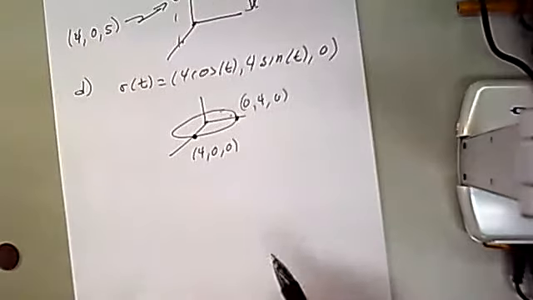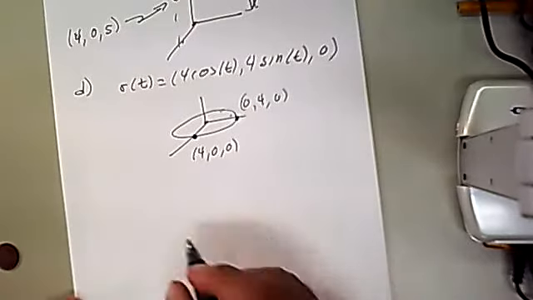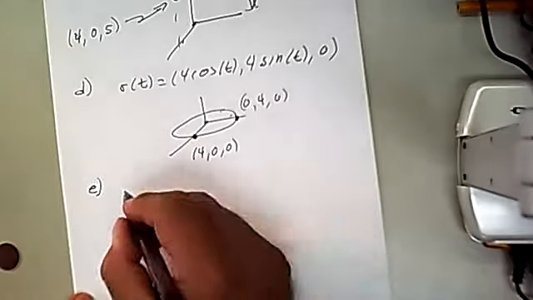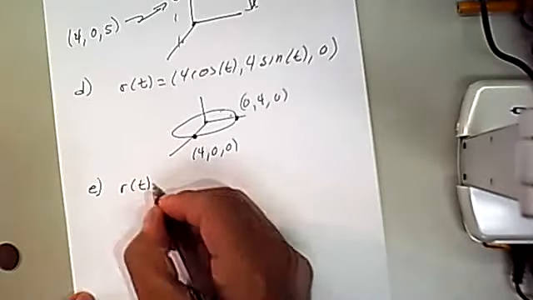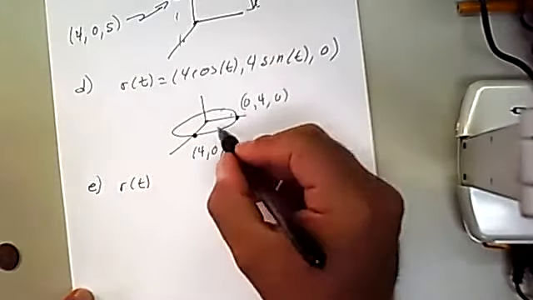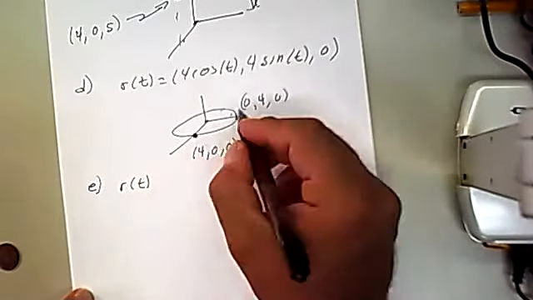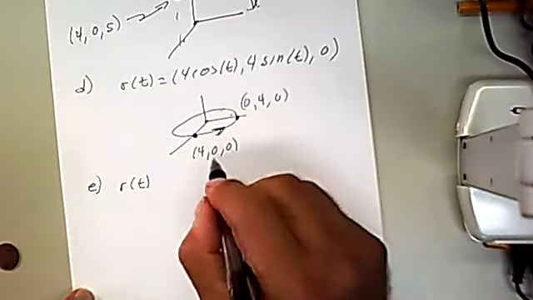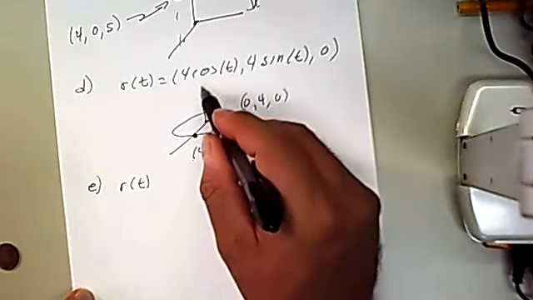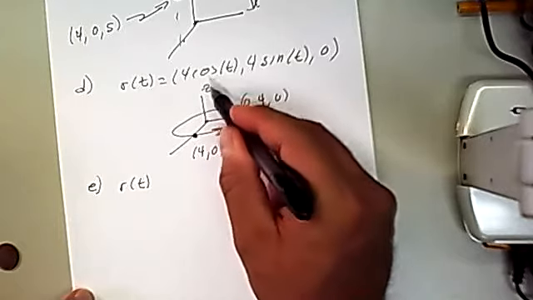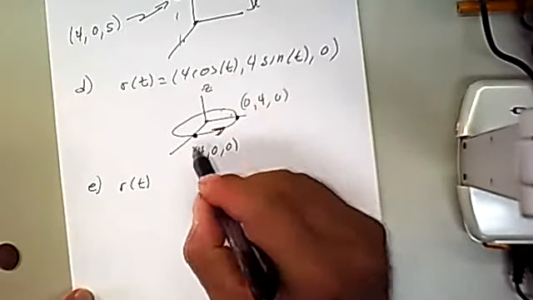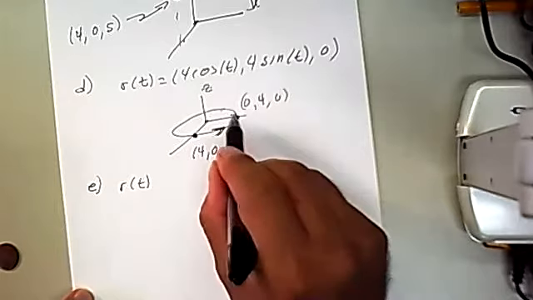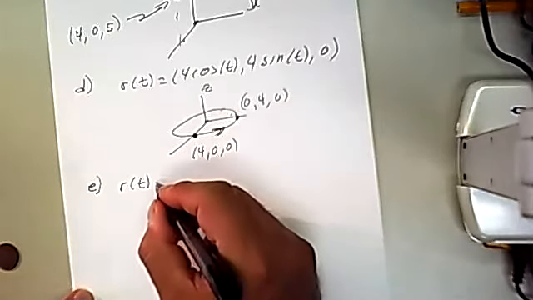Now, the next one is exciting. It is going to be a helix. Let's say you have r of t. Oh, one thing I forgot to mention here is our starting point is this one, and we go in this direction. So if we view this from the top, from the positive z axis, then this is going to go in the counterclockwise direction.